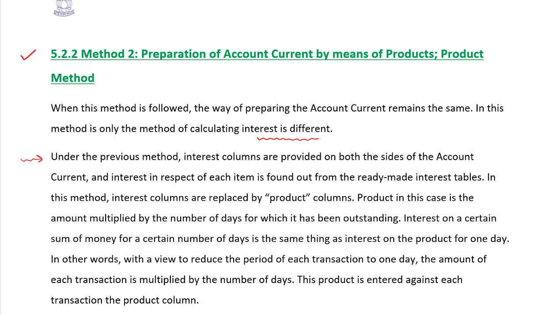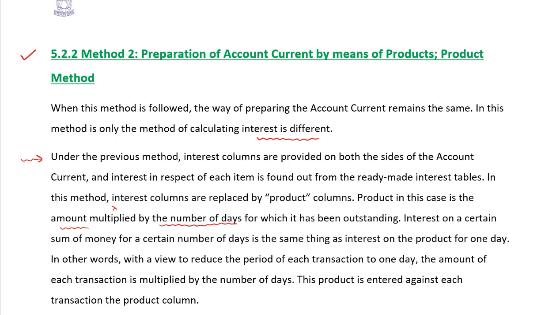In this method, interest columns are replaced by product columns. Product in this case is the amount multiplied by the number of days for which it has been outstanding.